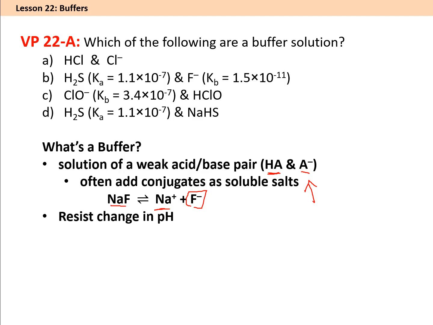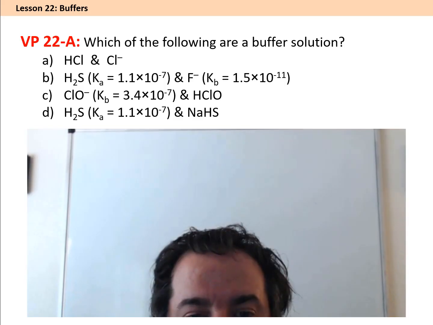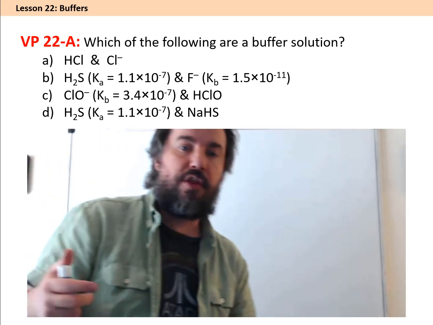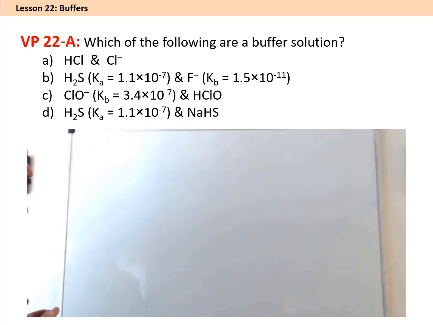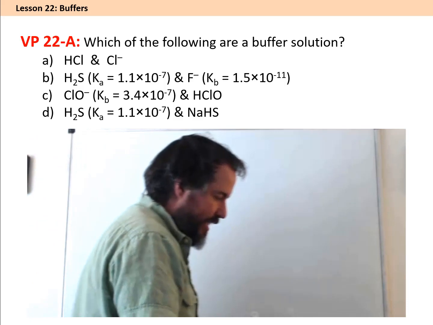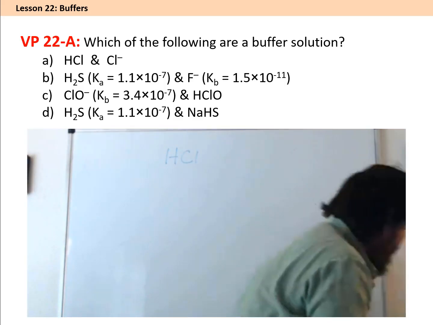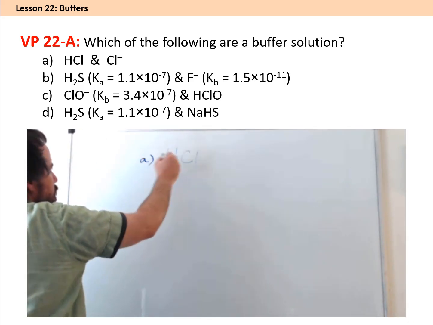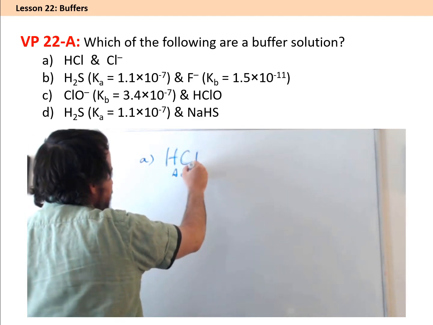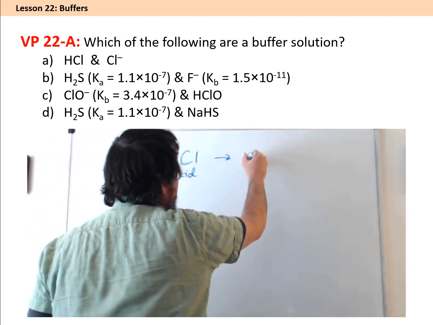All right, so let's go through these and figure out whether they're a buffer, whether they're a weak acid base pair. For the first one, we have HCl and Cl minus. So HCl and Cl minus are an acid and a base pair.